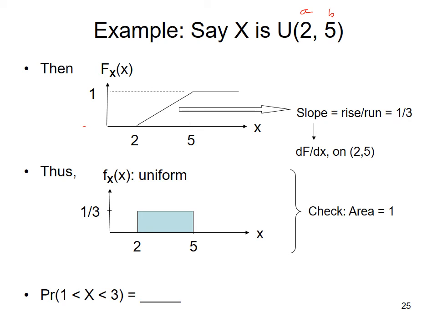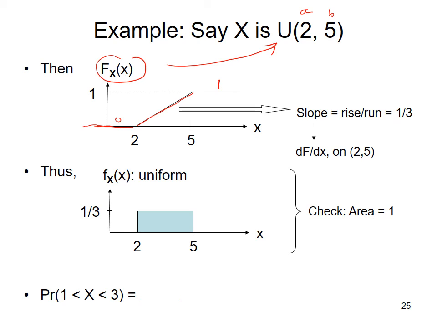And we knew that the capital F started at 0, ended up at 1, and increased linearly from the 0 value to the 1 value on the domain between 2 and 5. Okay, so that's the capital F for this particular random variable, uniformly distributed between 2 and 5.